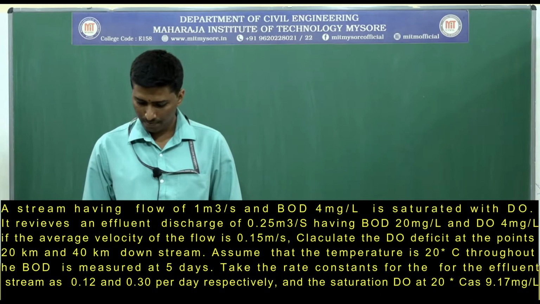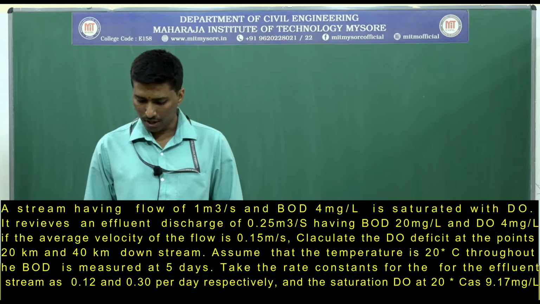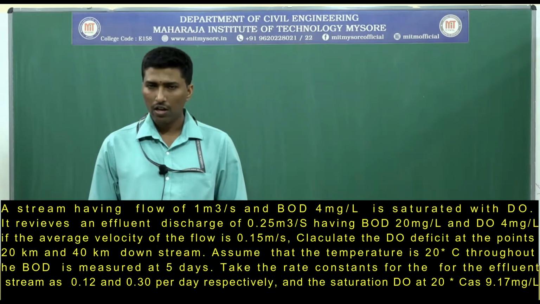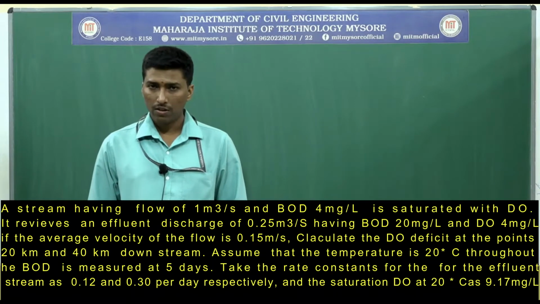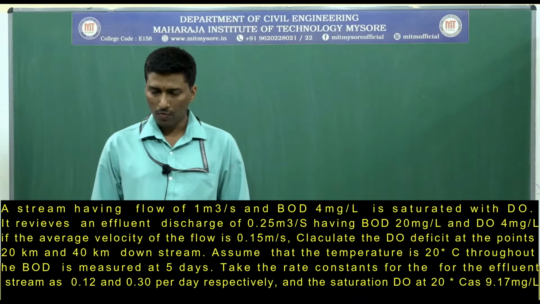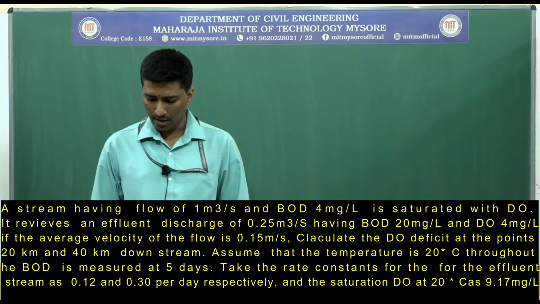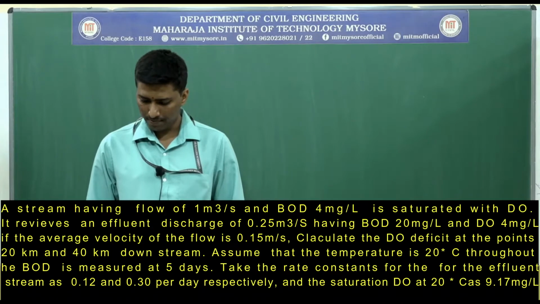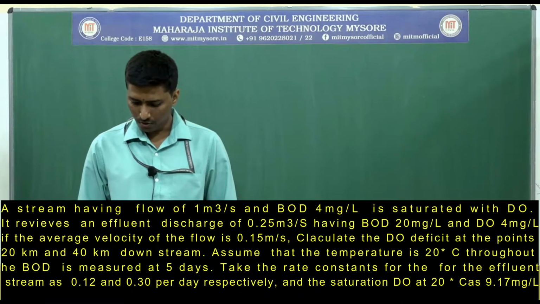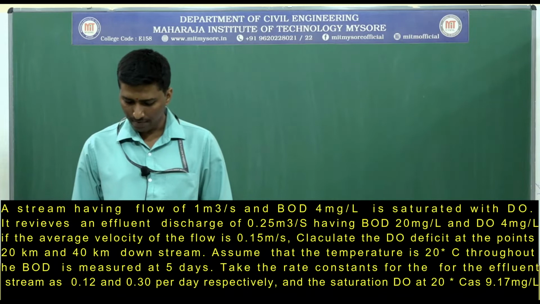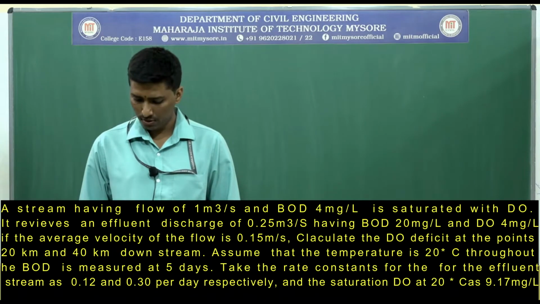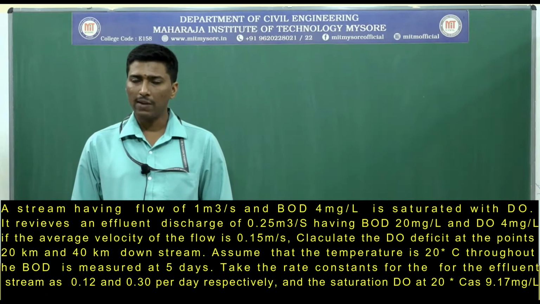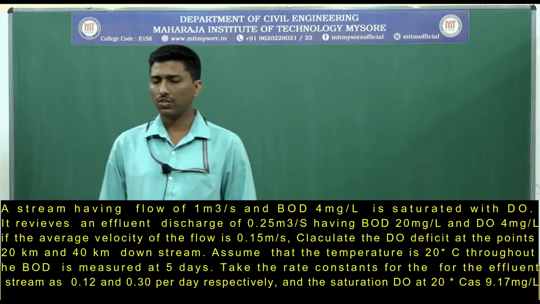Take the rate constants for effluent and stream as 0.12 and 0.30 per day respectively, and saturation DO at 20 degrees centigrade as 9.17 mg per liter.